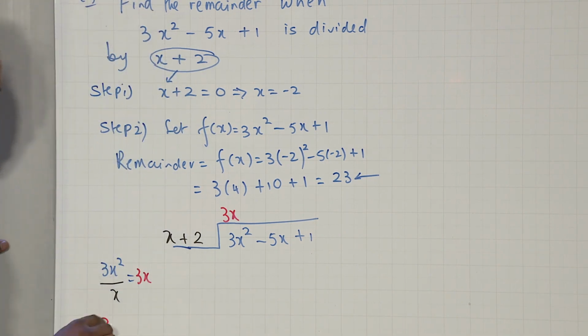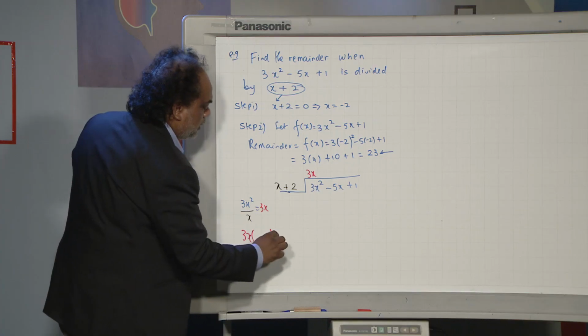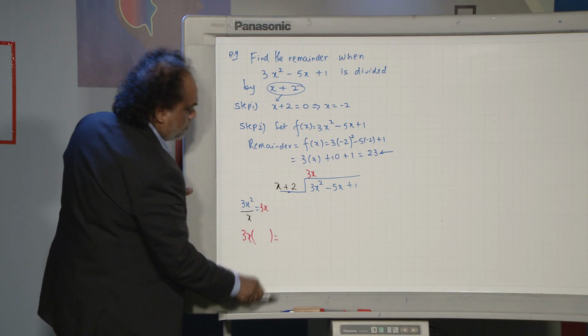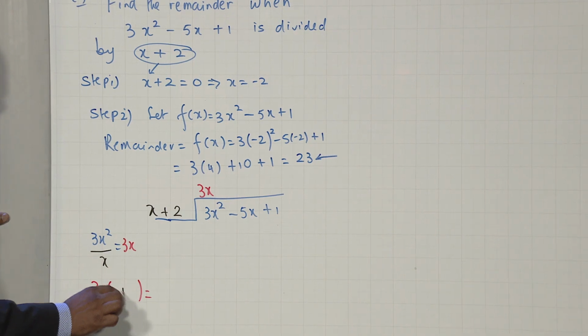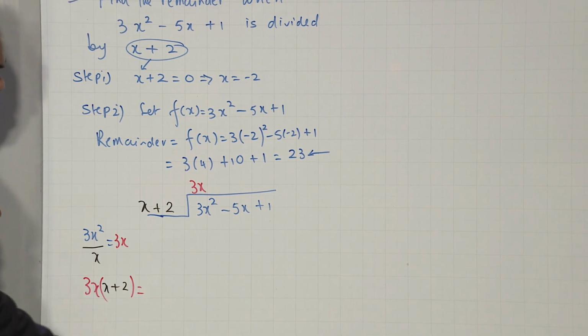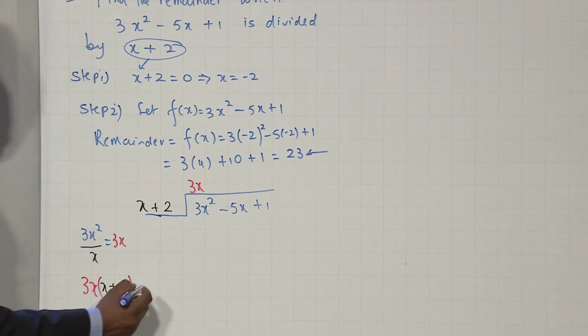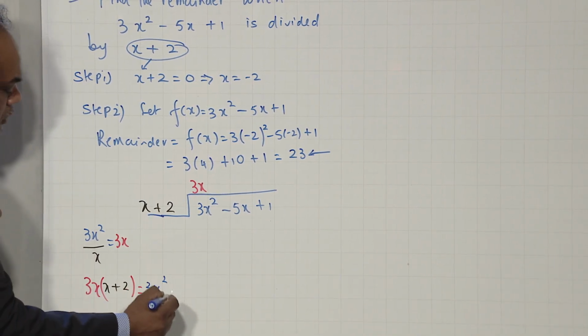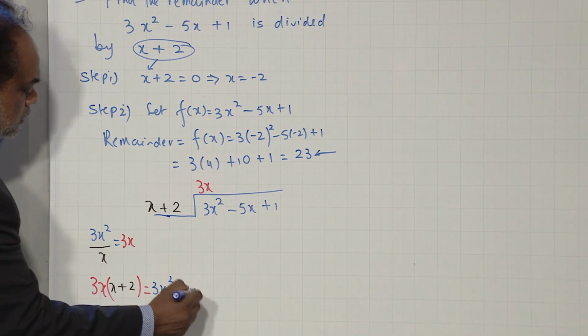And then the 3x, I'm going to multiply by the divisor, right? So that we obtain 3x squared plus 6x.